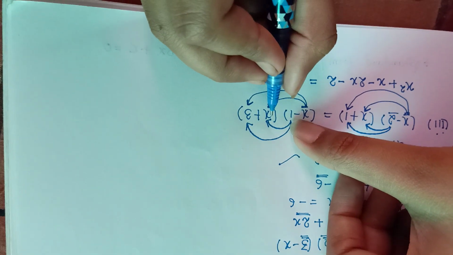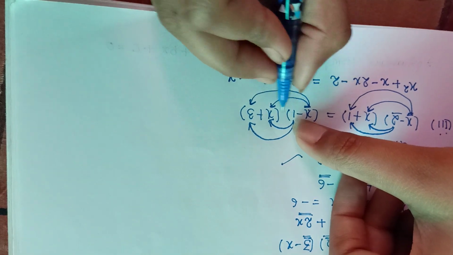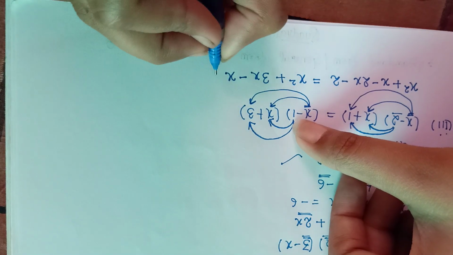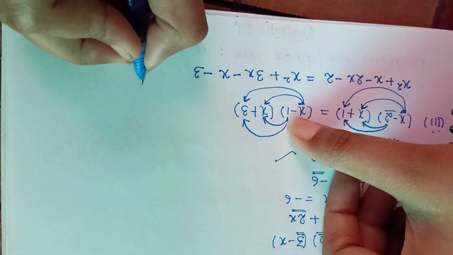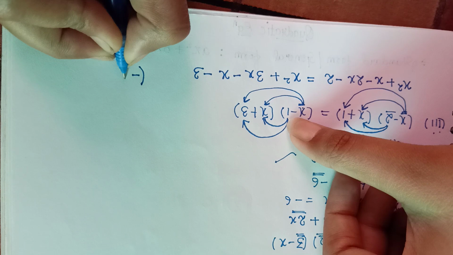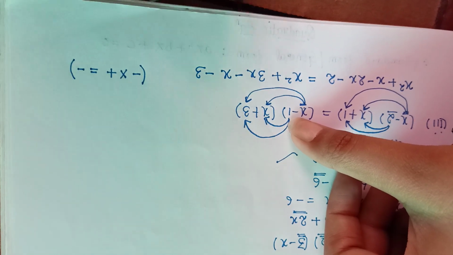Minus 1 multiplied by x makes minus x. Minus 1 multiplied plus 3 makes minus 3. As we know that plus minus is minus. Minus, whenever multiplied with plus, it is equals to minus.